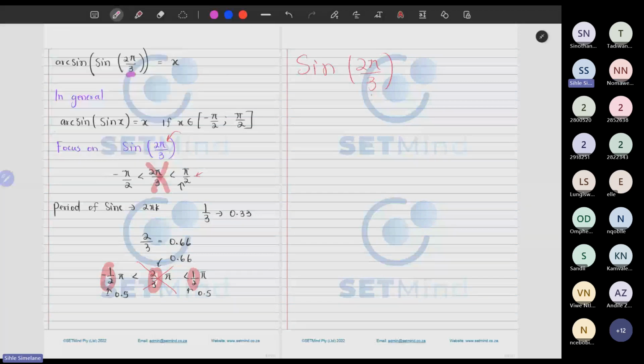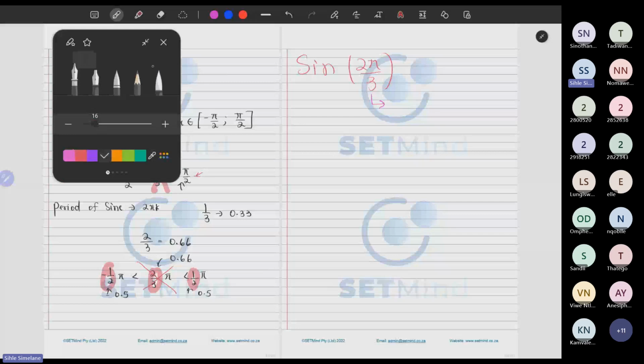What is 2 pi over 3 in degrees? It can't be 60. It is 120 degrees.